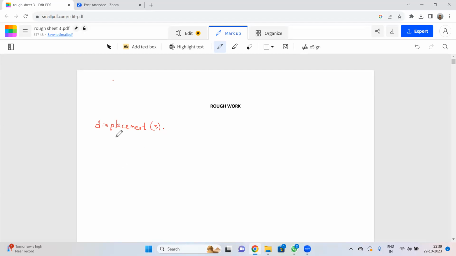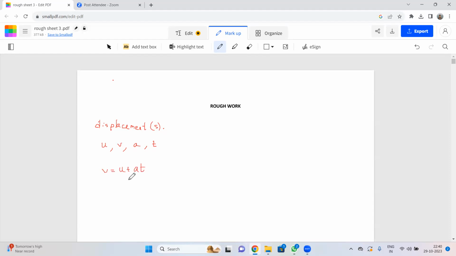So we have displacement s, then u, the initial velocity, v, the final velocity, and a, the acceleration, which is uniform linear acceleration. Suppose the time is t. If we want to find the final velocity, it is going to be equal to u plus at.